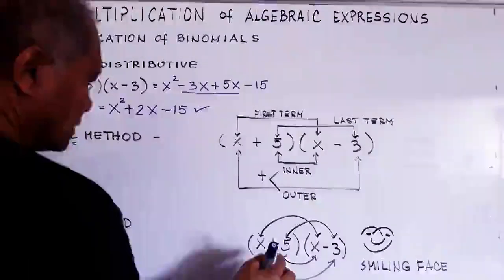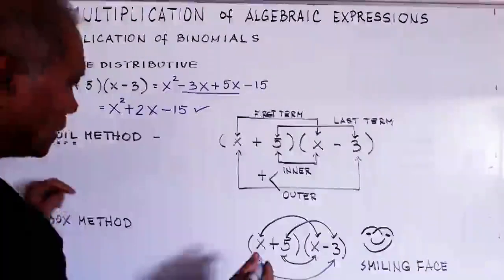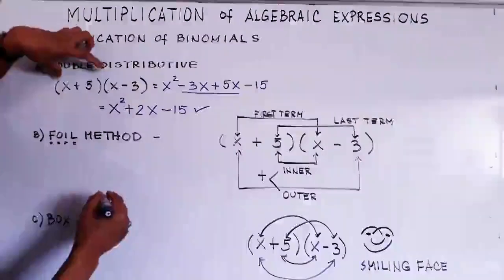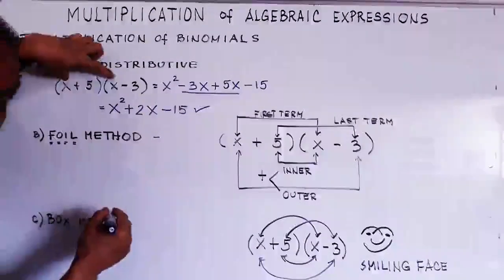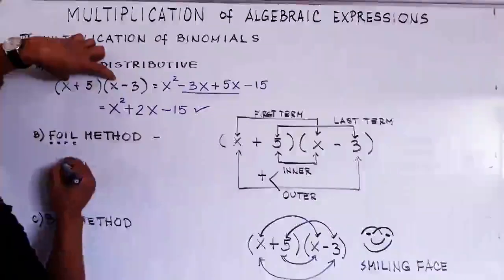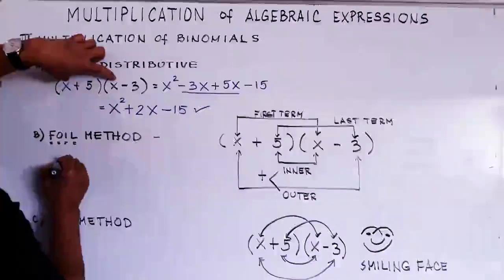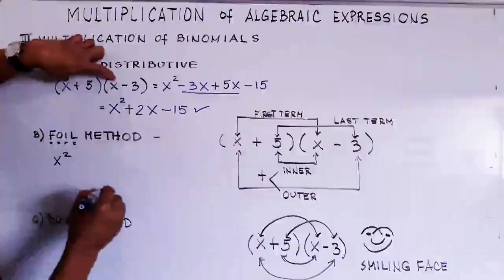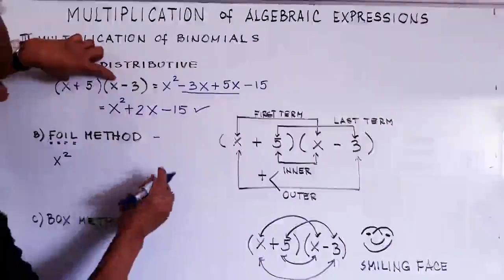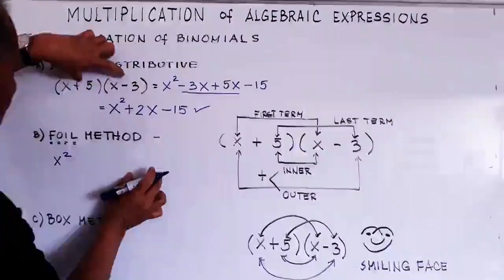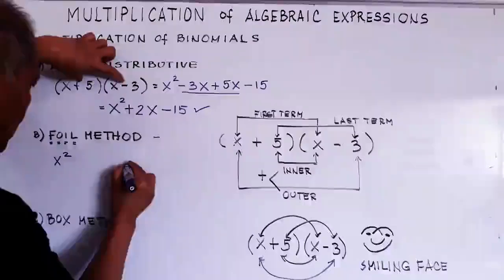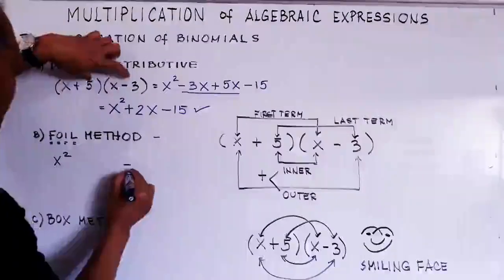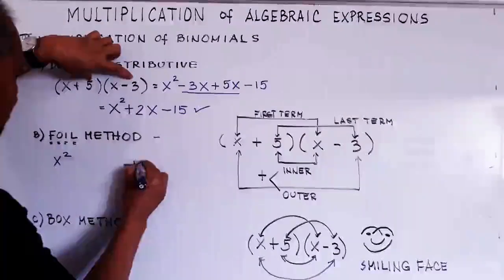So here, let's have this one. We have the first term, and the other side. First term times the first term, so x times x is x squared. And then the last term, you will put here. So positive times negative is negative here. 5 times 3 is 15.